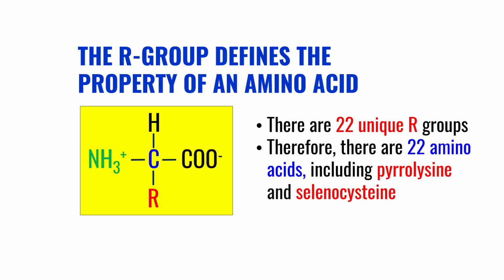They are rarely present. Therefore, in textbooks you will see only 20 amino acids, not 22 amino acids. So these 20 or 22 amino acids are proteinogenic amino acids. They are used in the synthesis of protein in our cell.